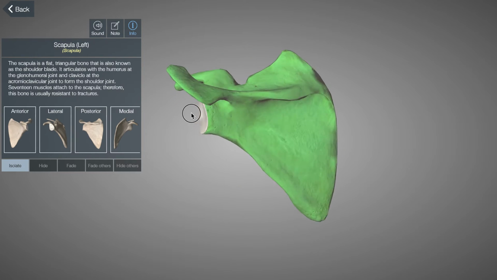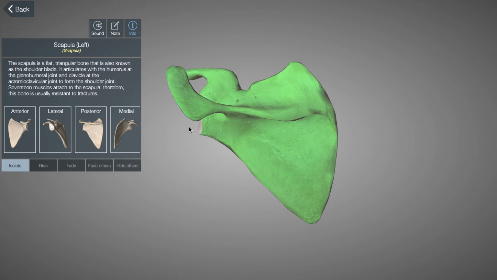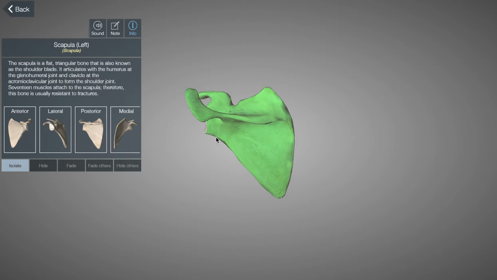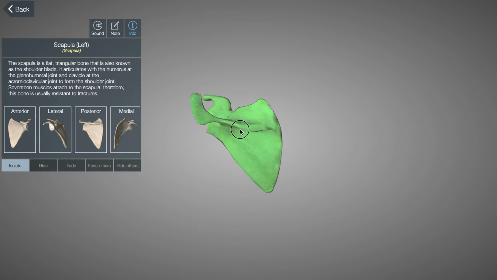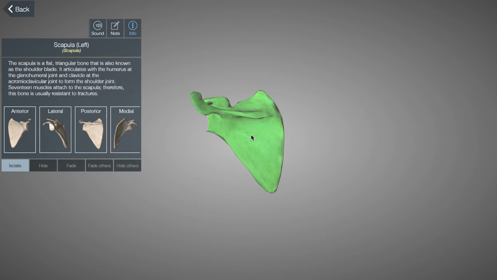Or let me start right over here because it's a little bit easier to look at, because you can use the spine as your marker. The spine, you'll probably guess, is this part right over here. The spine separates the supraspinous fossa from the infraspinous fossa. This part is flattened out, so we call it a fossa.